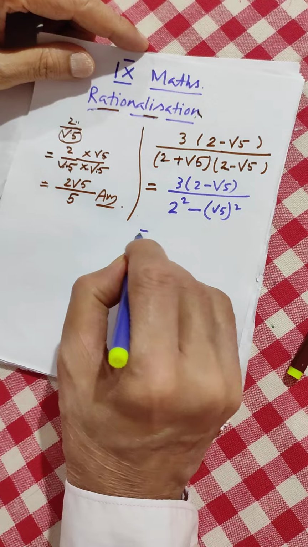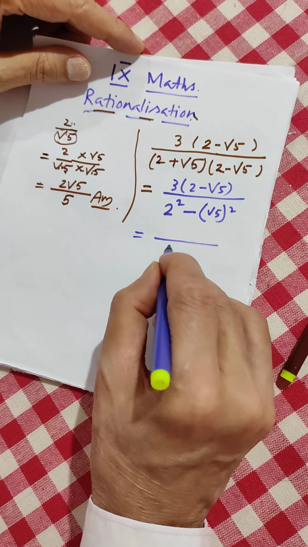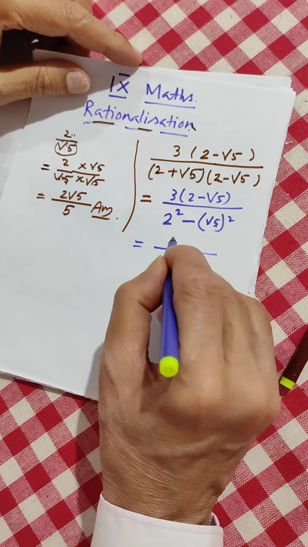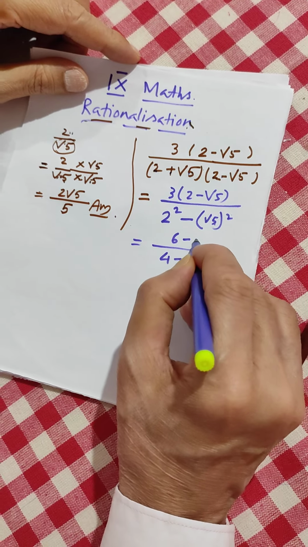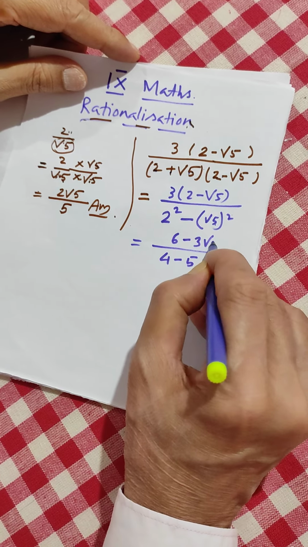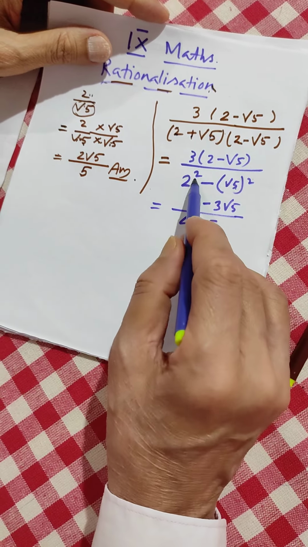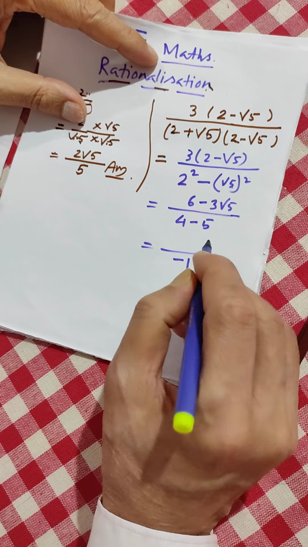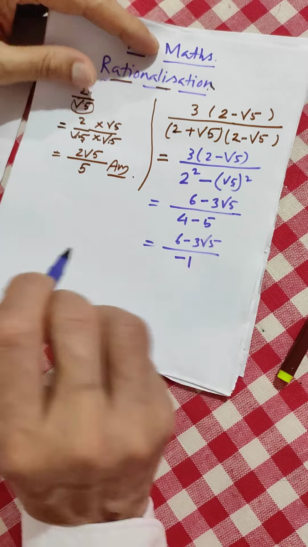That is equal to, the denominator is 2 square, 4, minus square root of 5 square, which is 5. Numerator 3 twos are 6 minus 3 root 5. Now 4 minus 5 is minus 1 and the numerator is 6 minus 3 root 5.